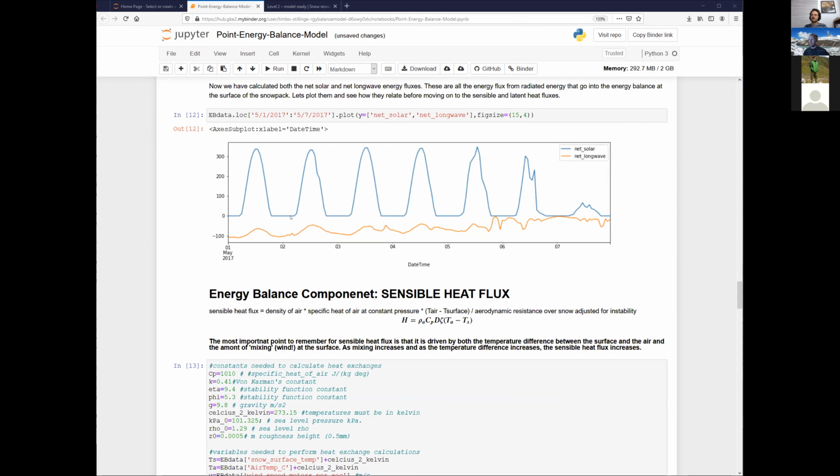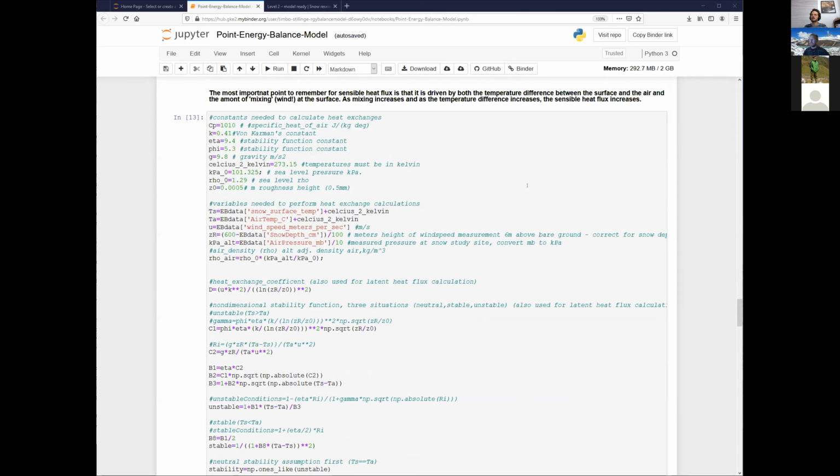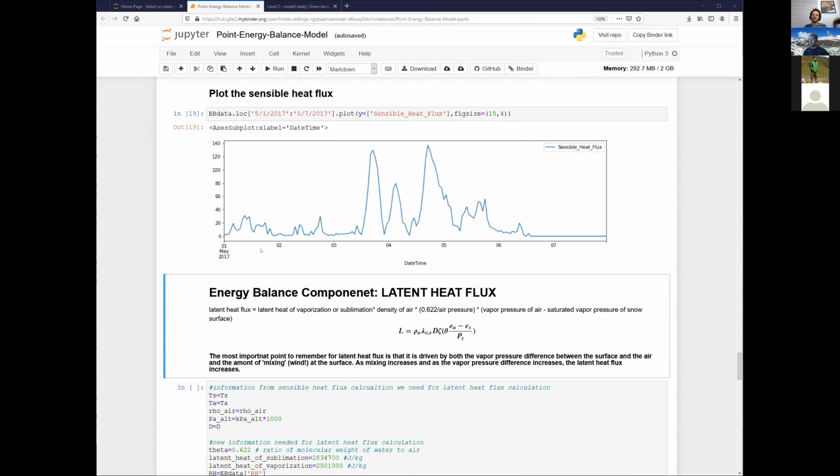We really saw this consistent repeated pattern day after day with these measurements. But with the sensible heat flux, it's not the same. And a lot of that has to do with this really being driven by wind and temperature, and wind and temperature don't correlate as directly with time of day as solar radiation does. Solar radiation is very, very predictable, but this is much more of a local condition that can change from time to time.